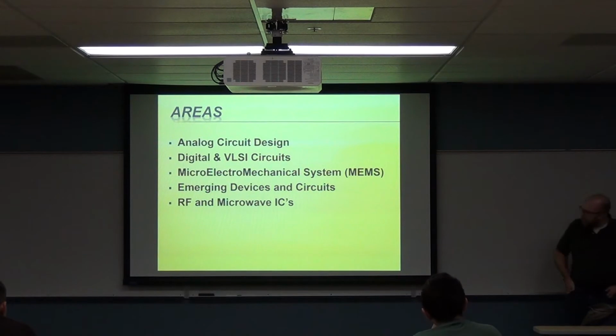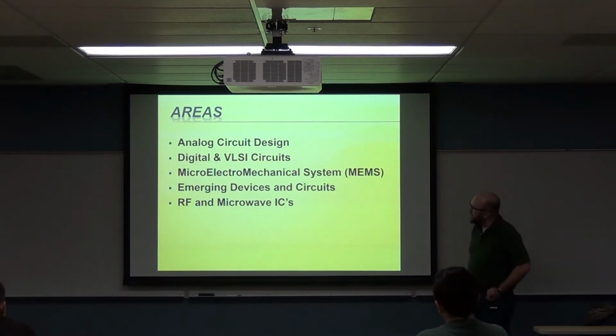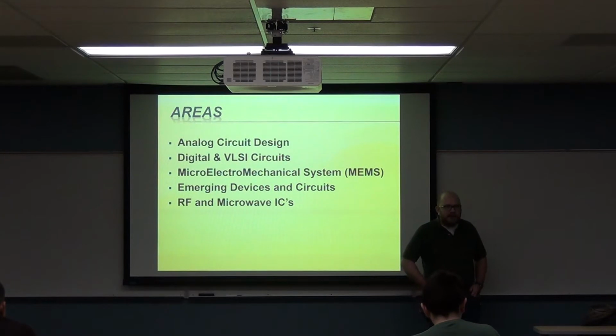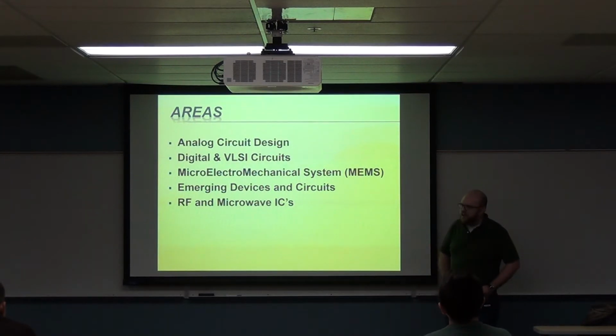And then RF and microwave ICs is going back to that very first problem with analog circuit design and adding 2 wrinkles to it. One is we are working at frequencies well beyond what the transistor should be working at, but it still needs to work. And we need to deliver powers that are well beyond what normal transistors want to deliver, but it still needs to work.